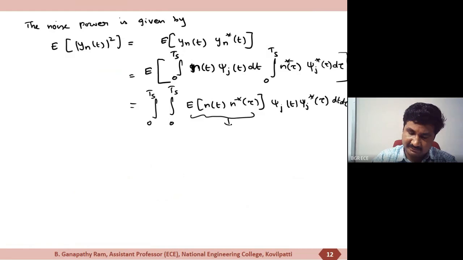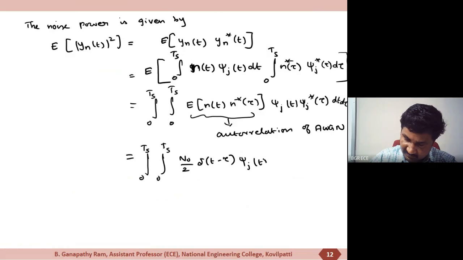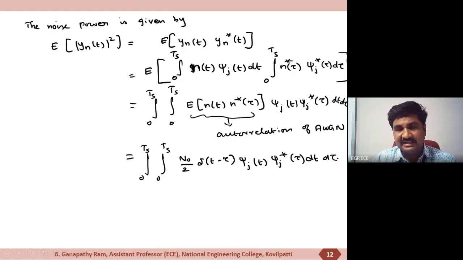And this is nothing but the autocorrelation of additive white Gaussian noise, which can be represented as N naught by 2 into delta of t minus tau. And this Dirac delta function will only be true for t equal to tau.